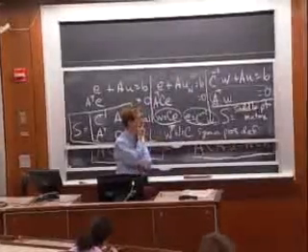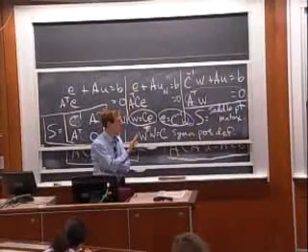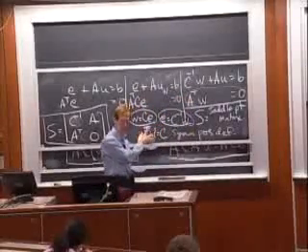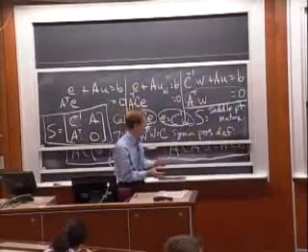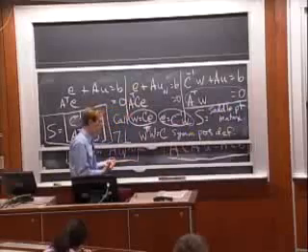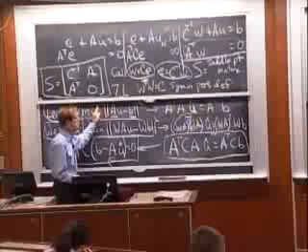I guess what I want to say is that when we did this first example, I didn't say here's the constraint. That equation kind of came out from the normal equations here.